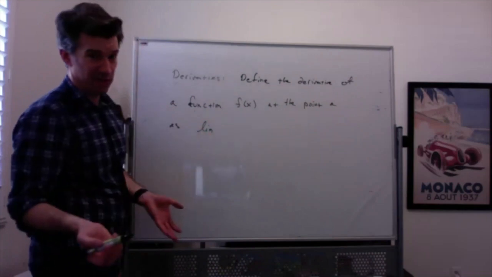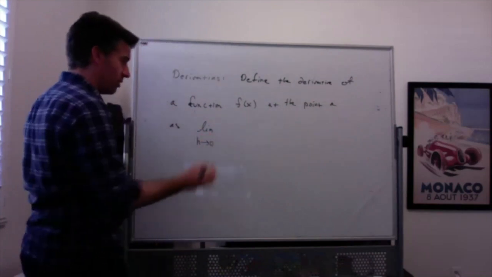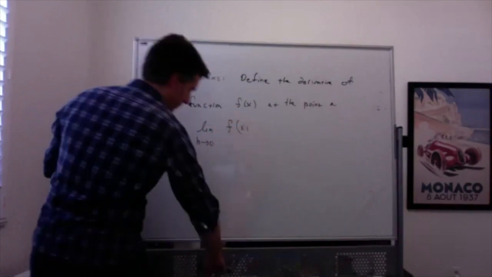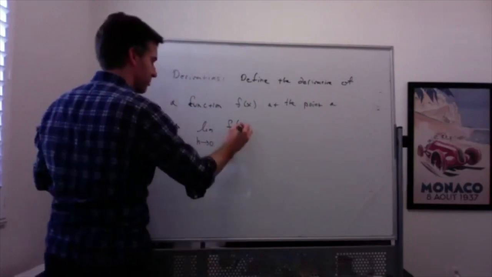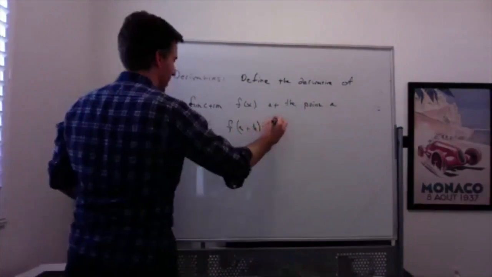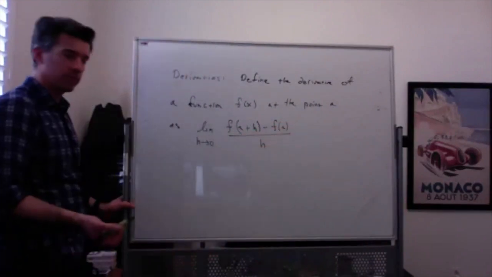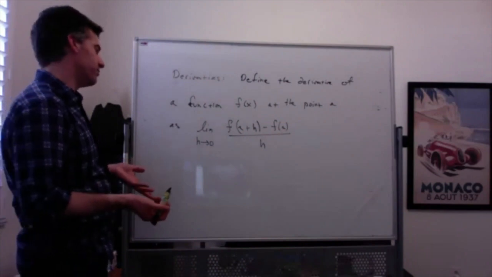There's actually a couple ways of defining it, but here is the way we usually prefer. Limit as h goes to 0 of f of a plus h minus f of a all over h. It's typically how we define the derivative.